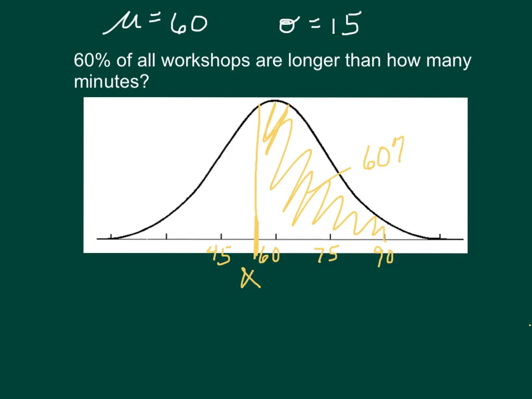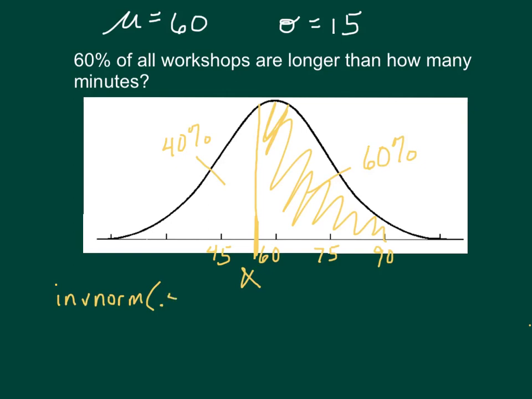And so I'm going to need to use the inverse norm function on my calculator. But remember, with inverse norm, it doesn't need the area that we've been given here, the 60%. Your calculator always needs the area to the left of your data value. So be aware that you need to use the 40% when using your calculator.